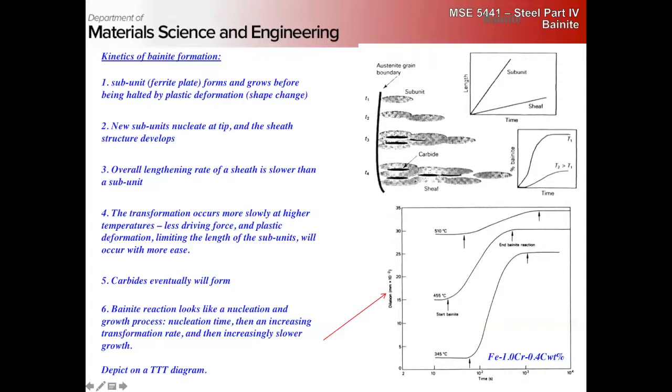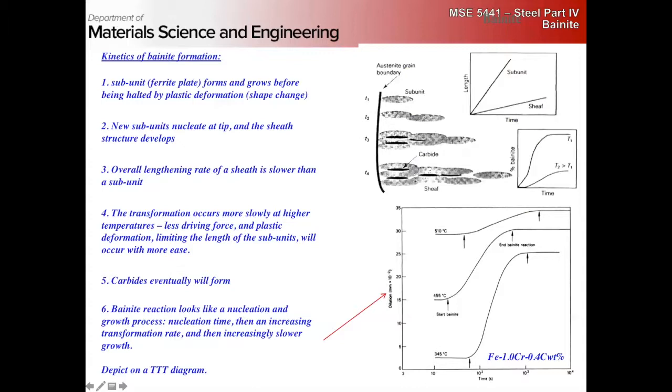So we have a subunit that forms. You have the shear transformation, and then it is essentially halted by the plastic deformation, right? This shape change, right? So then a new subunit nucleates, and then we have this sheaf structure that develops, right?